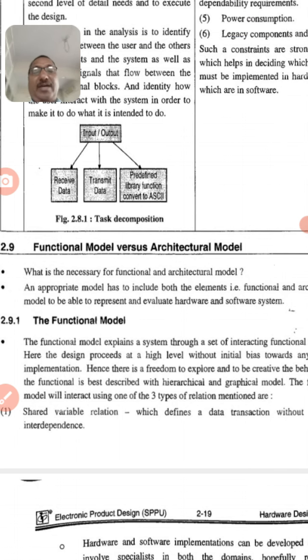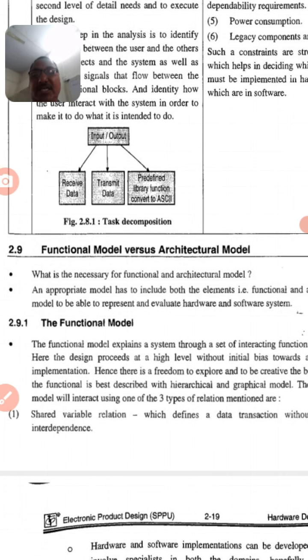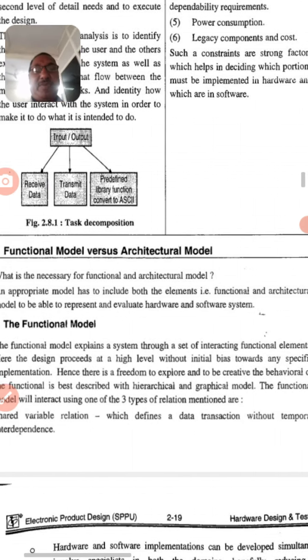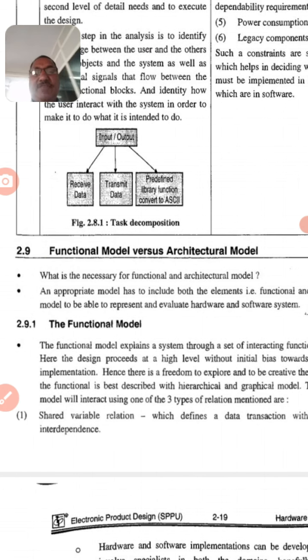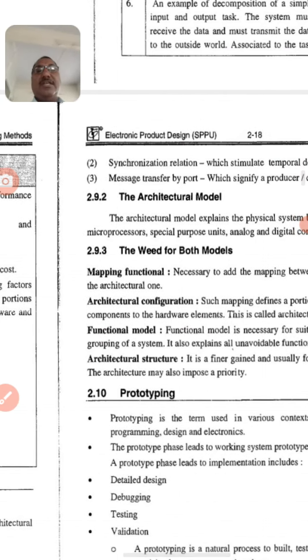Hence there is a freedom to explore and to be creative, and the behavior of the function is best described with a hierarchical and graphical model. The functional model will interact using one of three types of relation: shared variable relation, second, synchronized relation, and third, message transfer by ports.